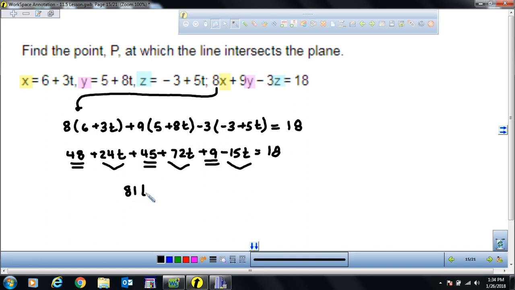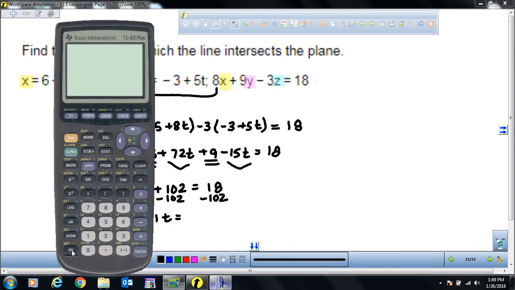Then 48 plus 45 would be 93, and 93 plus 9, I'm sorry, would be 102. So it would be 81t plus 102 equals 18. So minus 102 gives us 81t equals 18 minus 102.